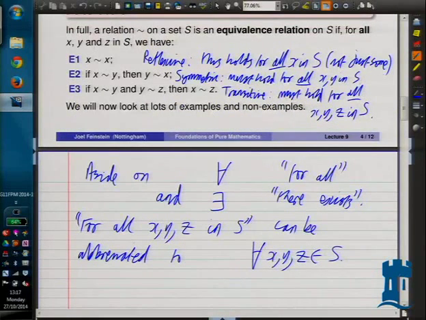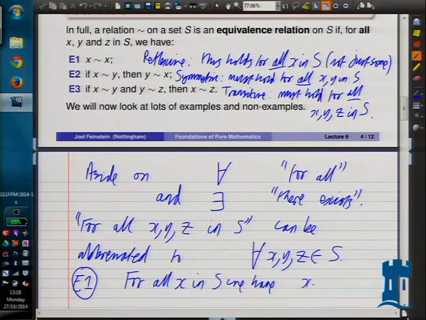So E1, really, if you put the quantifier in, you can interpret this as saying for all x in S, we have x is related to x. That's reflexivity.